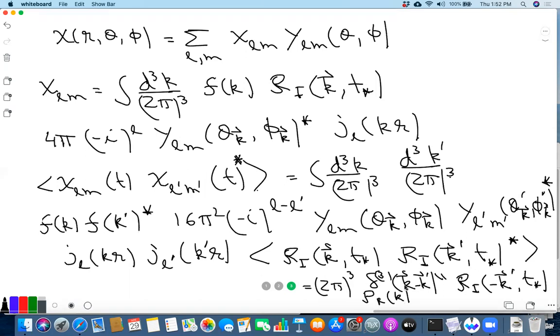So you are going to substitute this and write in terms of PR of k. Because of this delta cube k minus k prime, things simplify because k prime simply becomes equal to k. And the 2 pi cube here cancels the 2 pi cube here. So the only factors of 2's and pi's that are left are the 16 pi square and 2 pi cube in the denominator. So that gives a 2 over pi.